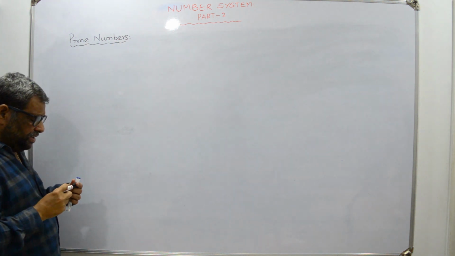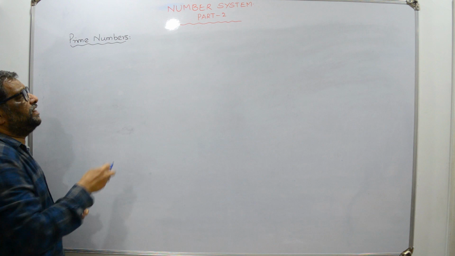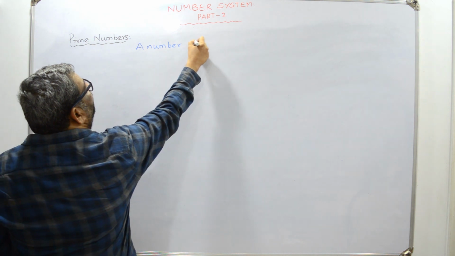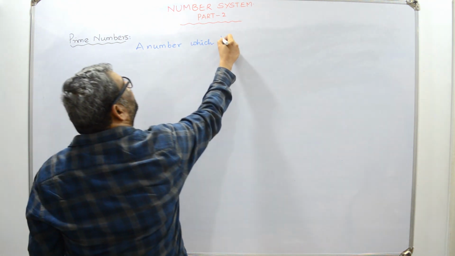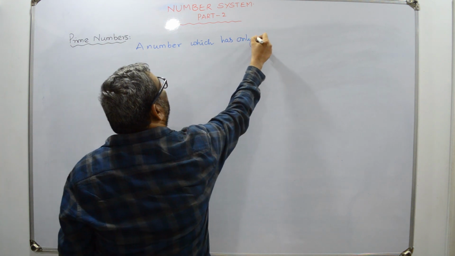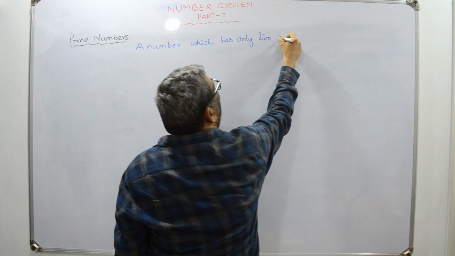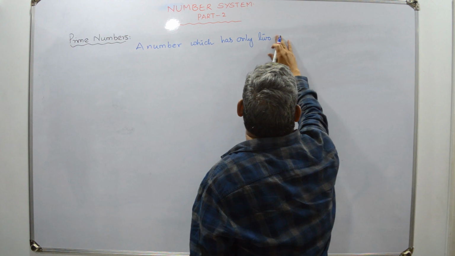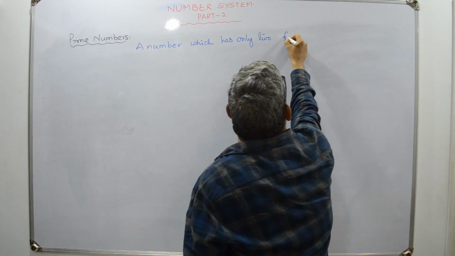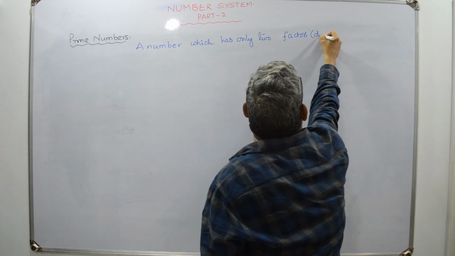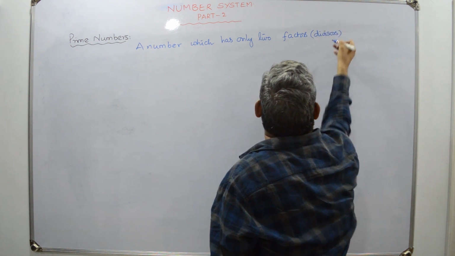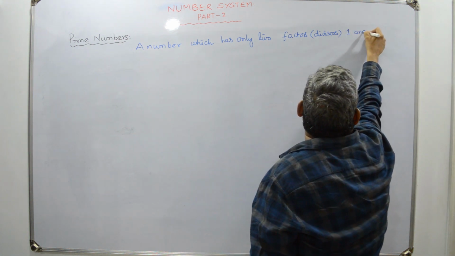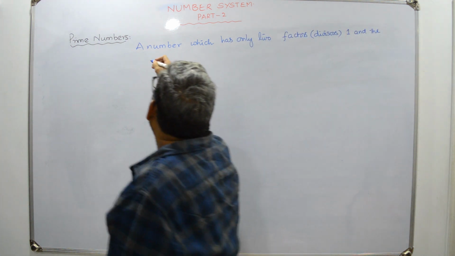What is meant by a prime number? A number which has only two factors, two divisors.